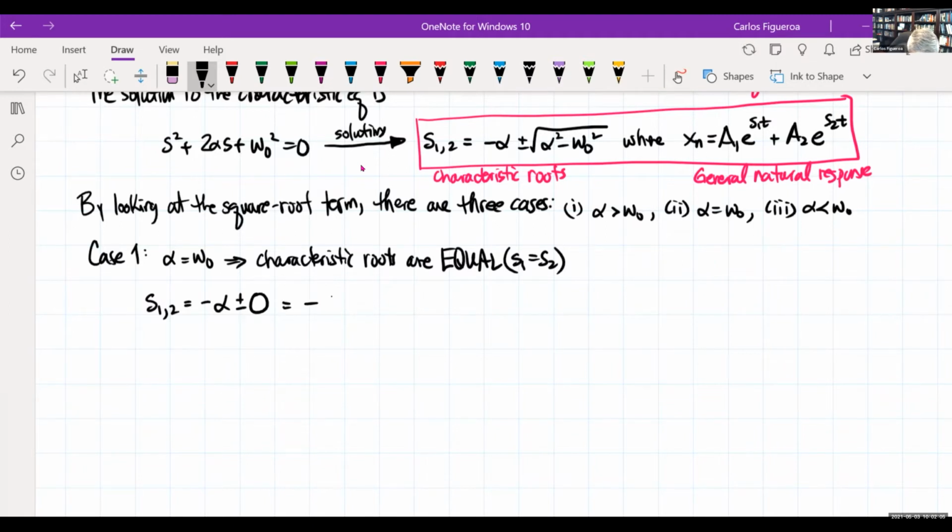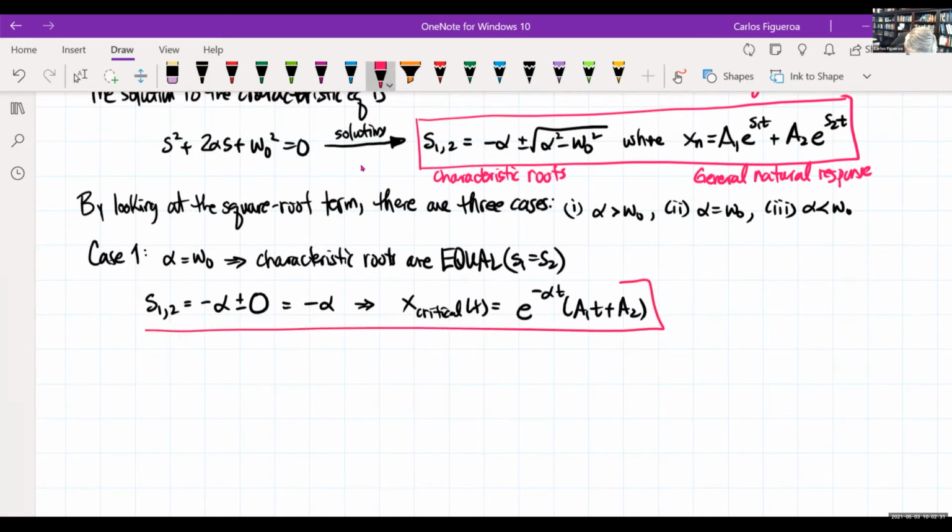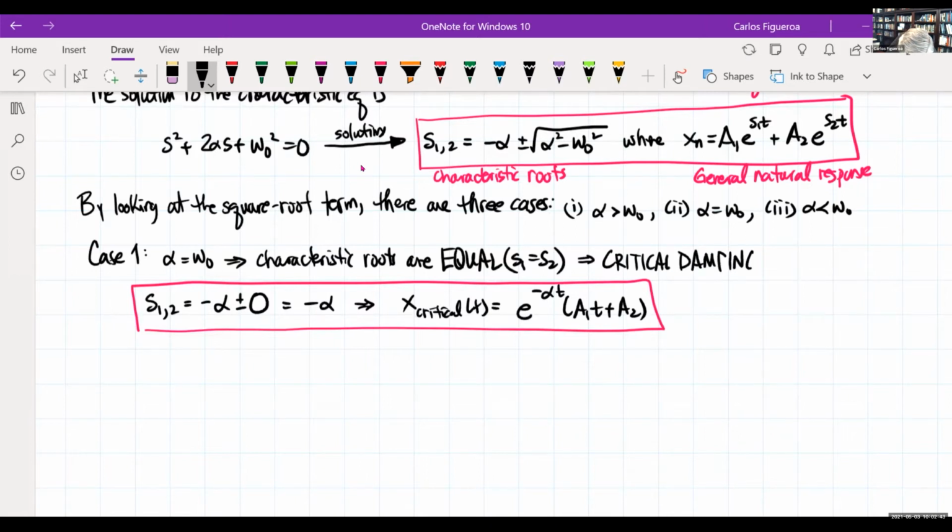So therefore, they're equal to minus alpha, both of them. If this is the case here, then our critical solution from math 7 here must look like this now. And so that's what we mean when we do this. Oh, I forgot to write this. This implies critical damping. Right? That's the solution.